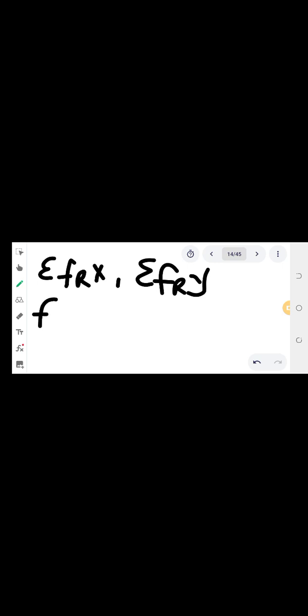So in other words, we need to come up with the value of the summation of Frx, and at the same time the summation of Fry.